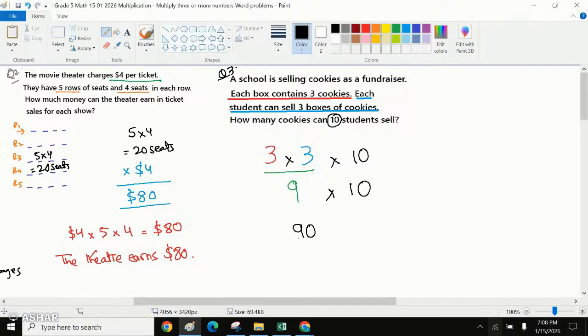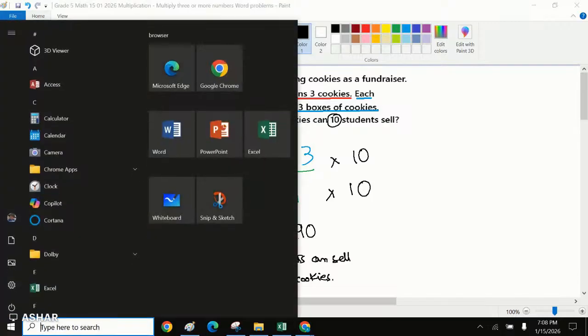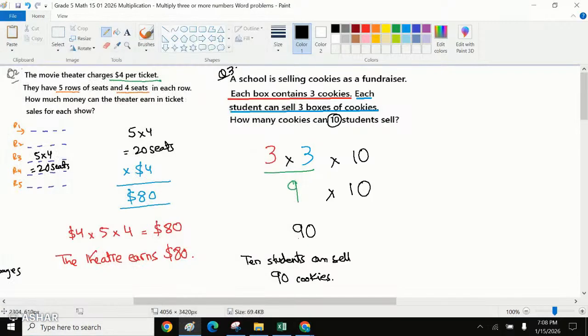Okay, so we can say that 10 students can sell 90 cookies. Agreed? Okay. So, thank you.